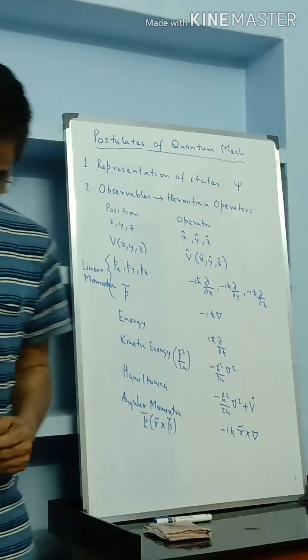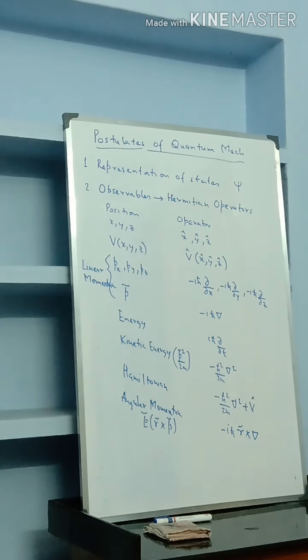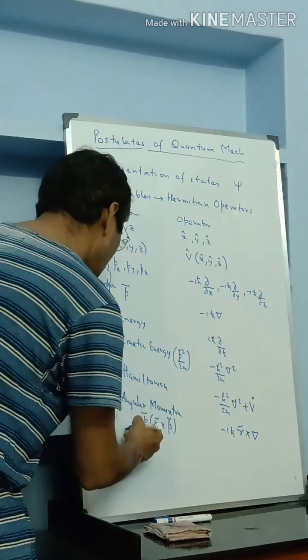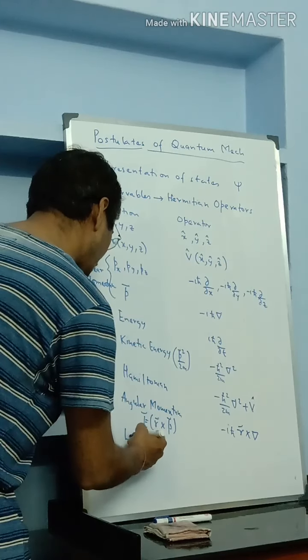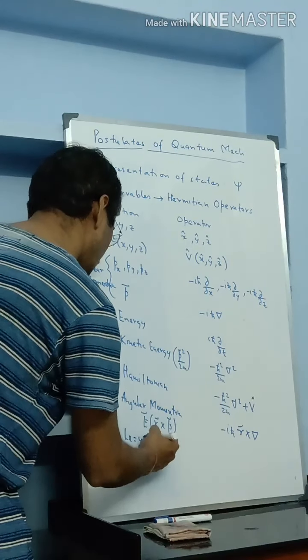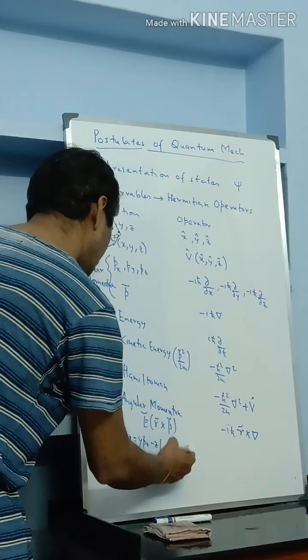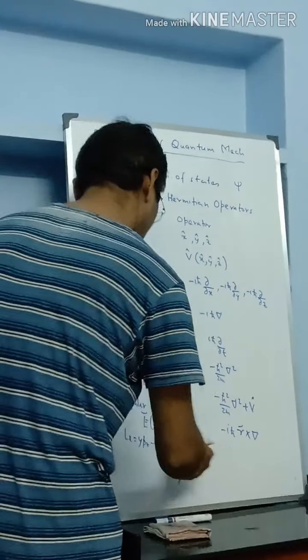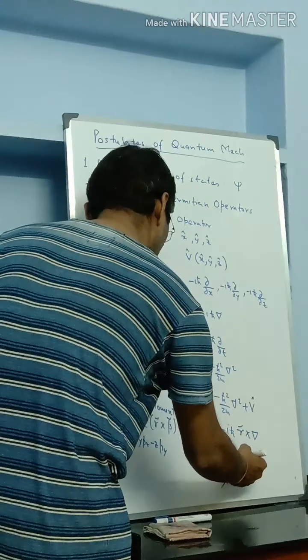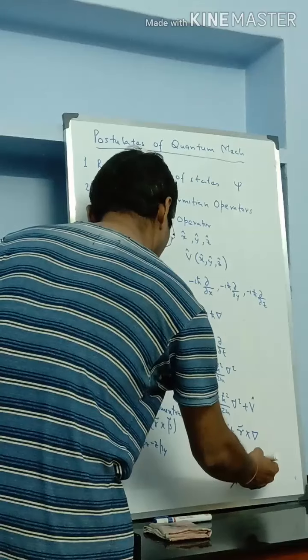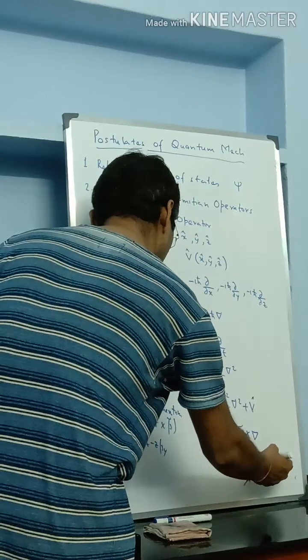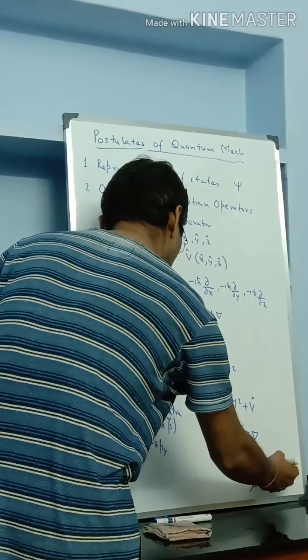This is the angular momentum operator. The components of L: Lx, which is equal to y pz minus z py, can be written as minus i h cross (y del/del z minus z del/del y).